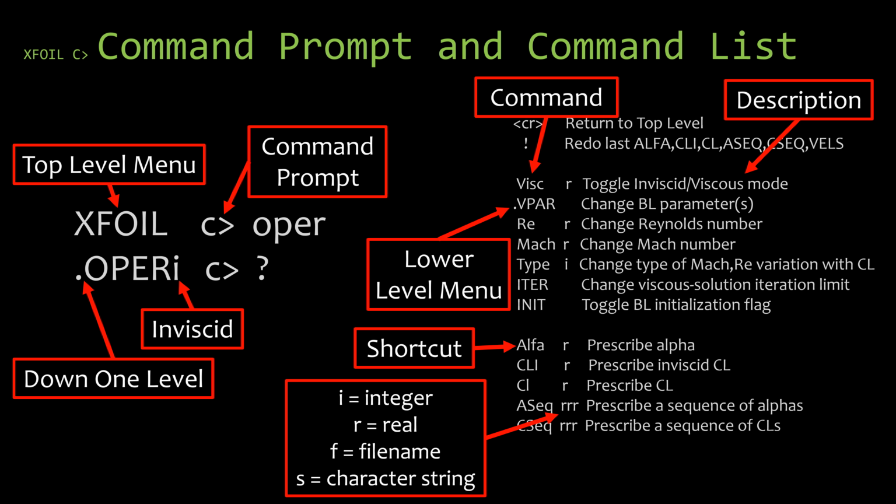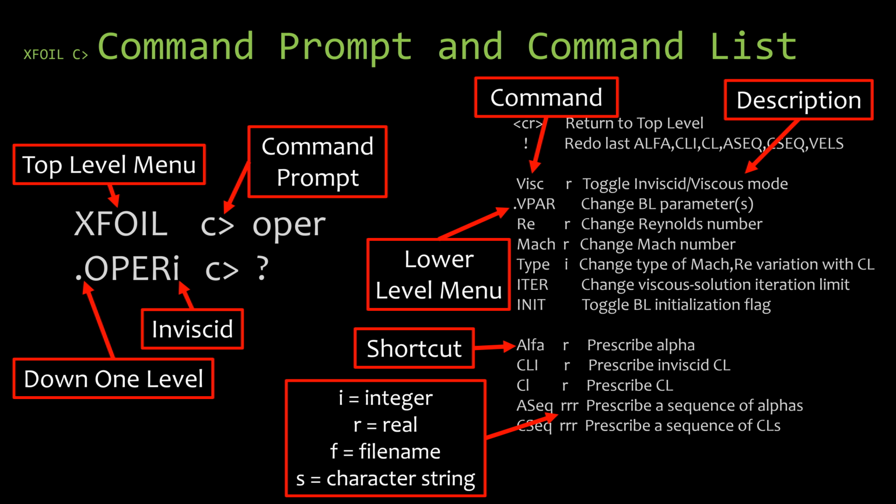The way that you can tell the difference between a command and a menu is that the menu is going to have a period in front of it, like you see there with the VPAR. That has a period in front of it, so I know that if I typed in VPAR and hit enter at the command prompt, it's going to drop me into the lower level menu named VPAR, right?